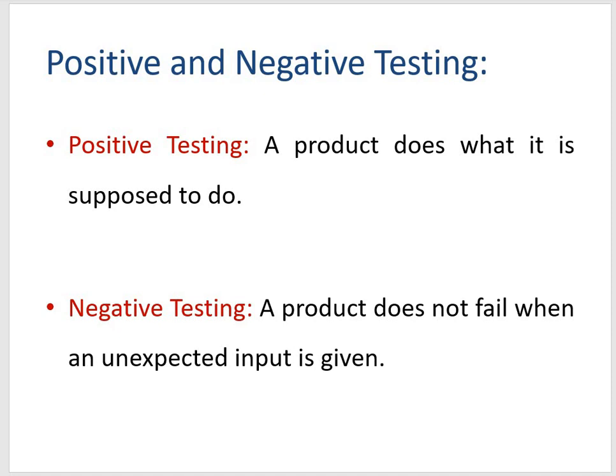In the case of negative testing, a product does not fail when an unexpected input is given. So I am giving an unexpected input and still my product is working fine. That means it is giving some error messages, but yet it is able to deal with these kinds of inputs.